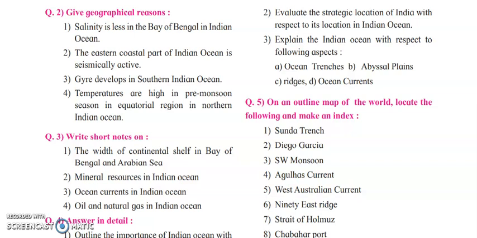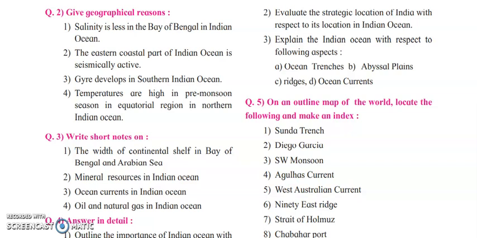The next one is mineral resources in Indian Ocean. The Indian Ocean is very rich in mineral resources. You get many valuable minerals like uranium, thorium, radium. You get heavy minerals and deposits in our Indian Ocean. Many countries, like India, South Africa, Indonesia and Sri Lanka, are extracting these minerals in large amounts.